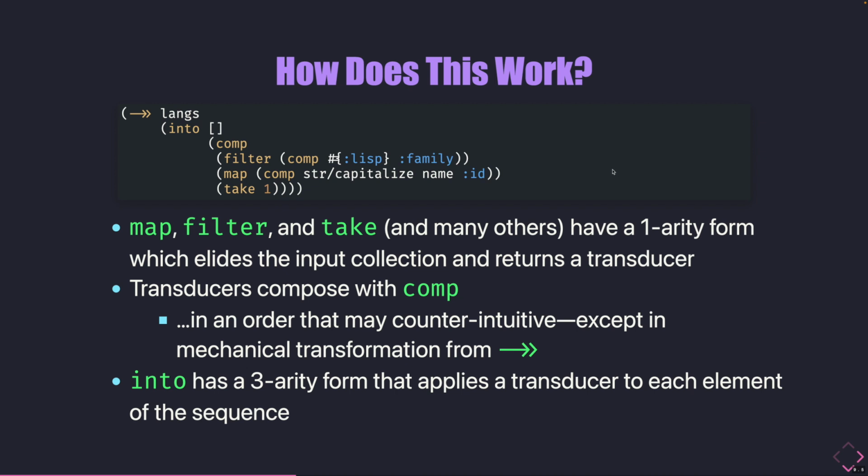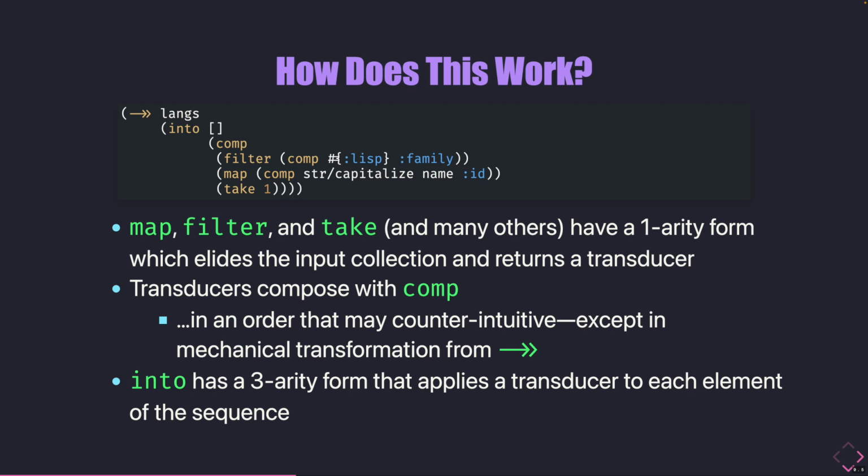So again, I'm a bit ahead of myself, but we talked about these one-arity forms of map, filter, and take, and how the composition works. And then finally, the last thing that I did not mention is that the into function has a three-arity form that applies a transducer to each element in the sequence. You may be familiar with into just to convert one collection type into another, right?